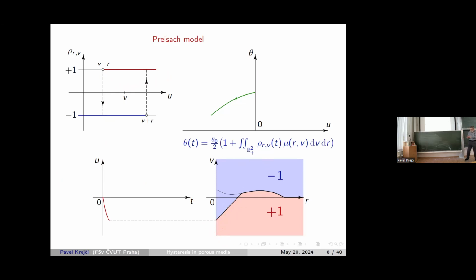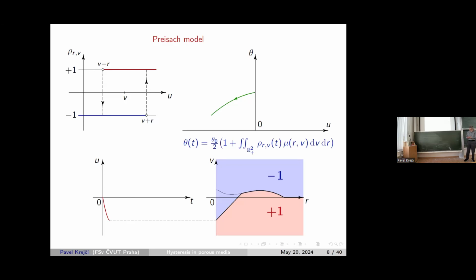When u decreases, the -1 domain becomes bigger, and theta decreases because theta is given by an integral over the half plane with the probability density, the positive density. So if u decreases, the saturation decreases.